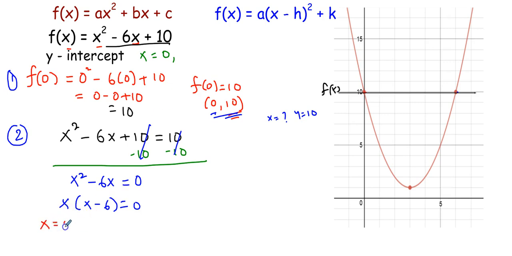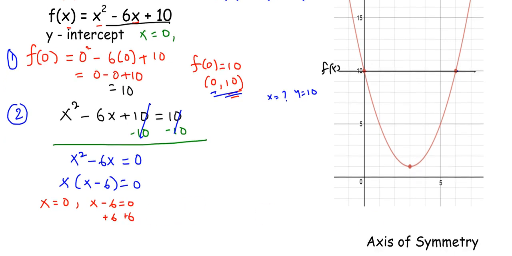Now what is the next step? I'll write x is equal to 0. That is the product of these two factors is 0, hence x will be 0, or x minus 6 is equal to 0. Solve by adding 6 on both sides. That gives me x is equal to 6. So these are the two values, x is equal to 0, comma x equal to 6.